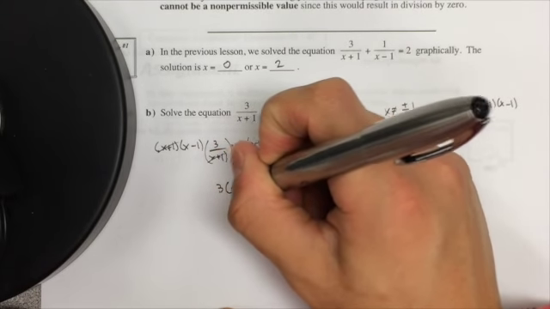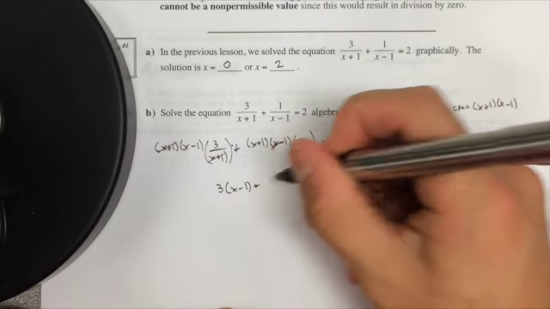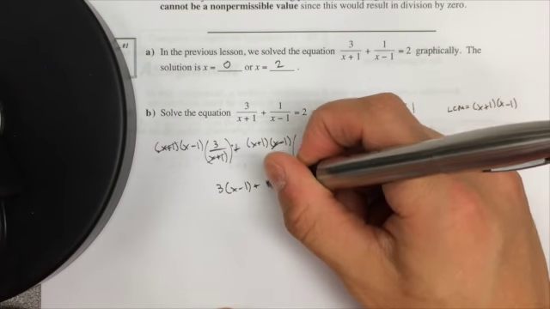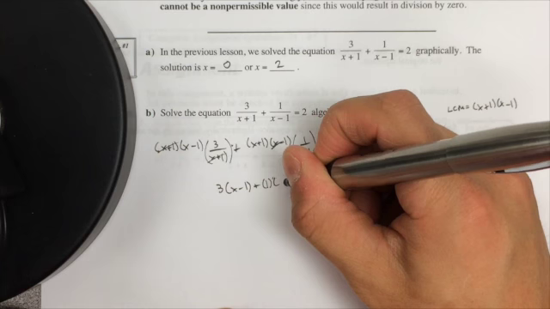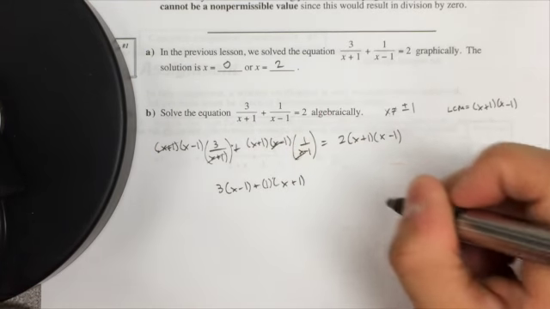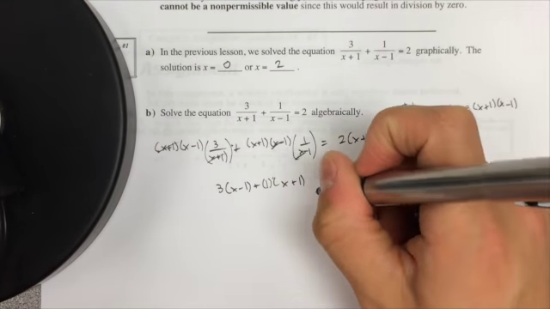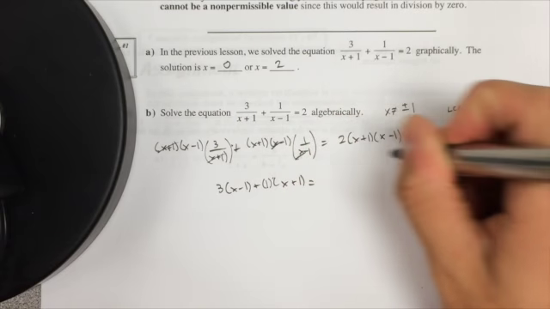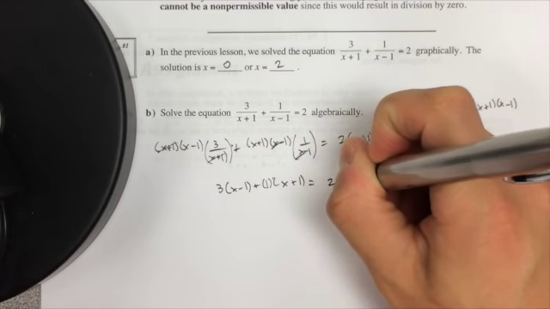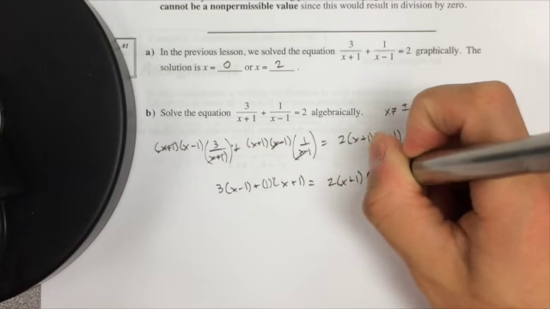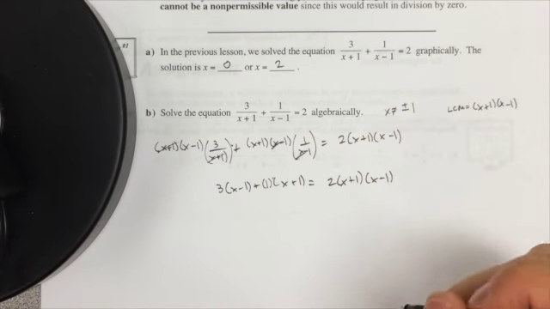3 times x minus 1 plus 1 times x plus 1. And this is going to equal, same thing over here, 2 times x plus 1, x minus 1.